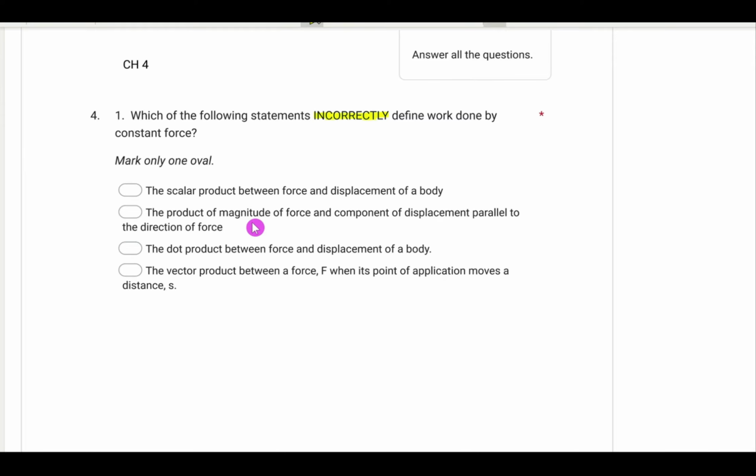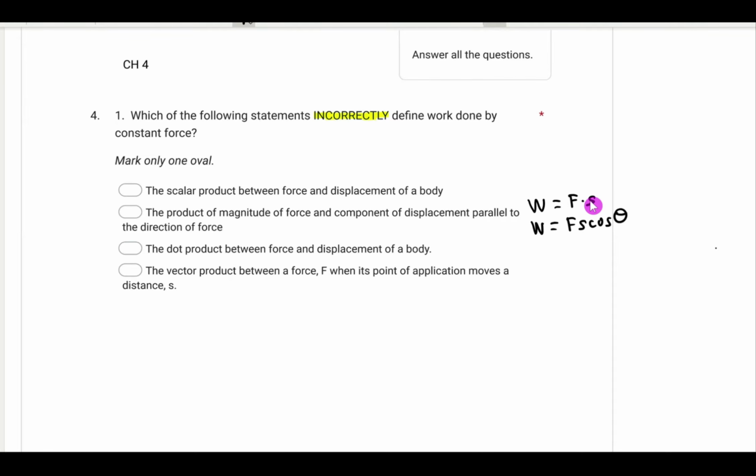And the product of magnitude of force and component of displacement. So remember that the unit of work, so it is the scalar product F dot S and F cos theta. So the force and the displacement should be parallel. Sama ada dia parallel in the same direction or parallel in the opposite direction. So kat sini kita akan dapat work sama ada positive or negative.